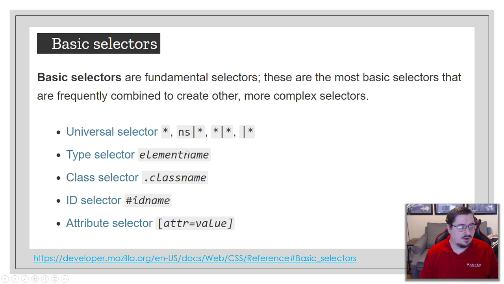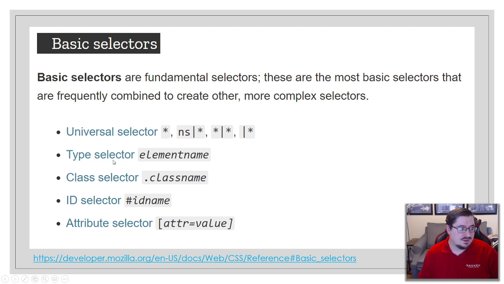So star you can use if I want to say I want to apply styling to everything on the page. Star is a good use for that. However, you do want to limit how much you use the star, because it is a little bit performance sensitive. It can be a little bit slow because you're saying apply this to everything. So you can use it, but use it sparingly.